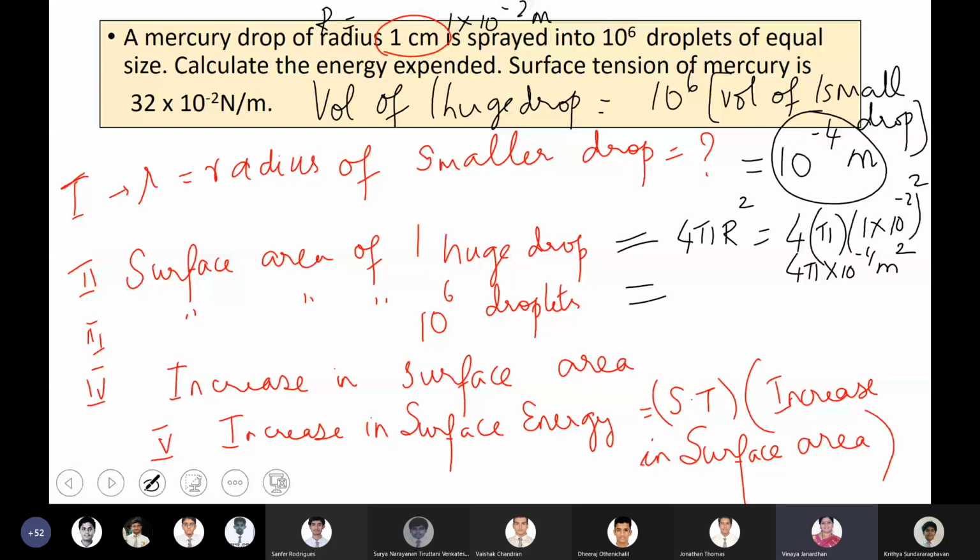Darren and Gautam, 11C. Darren, Gautam. Darren, is Darren present?